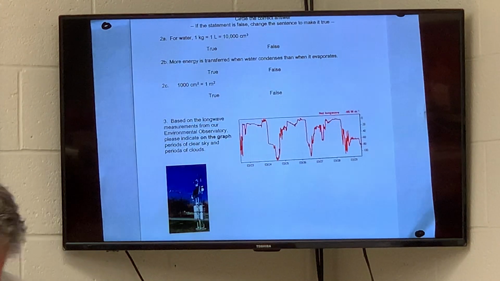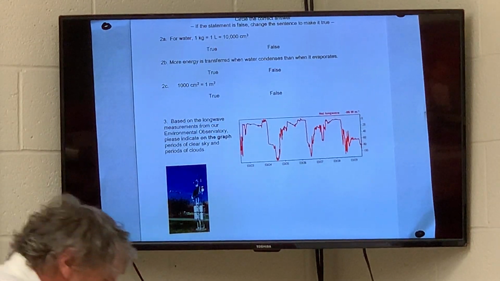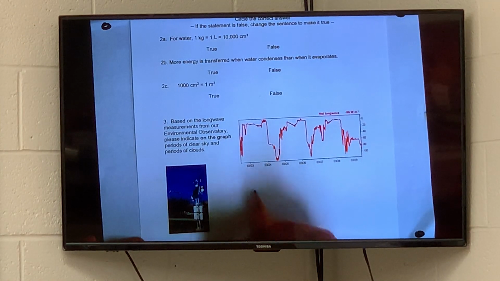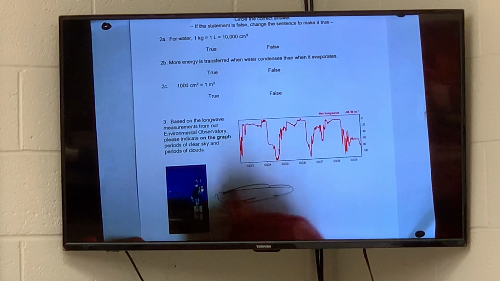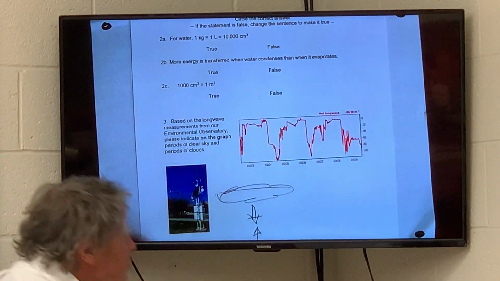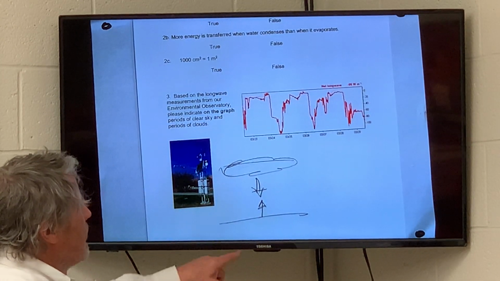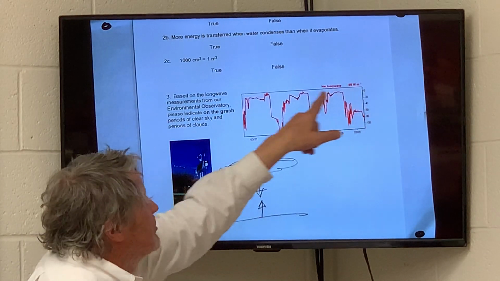This one is the sky radiation. Now note, here's the sky, and here's the ground, and if this is clouds, the energy going down and the energy coming up are equal, and so this is close to 0, and here's 0.